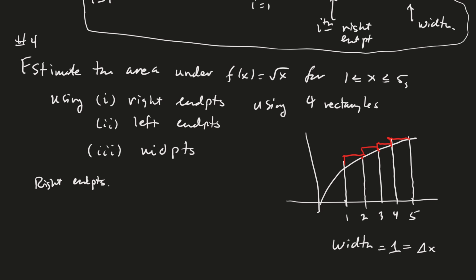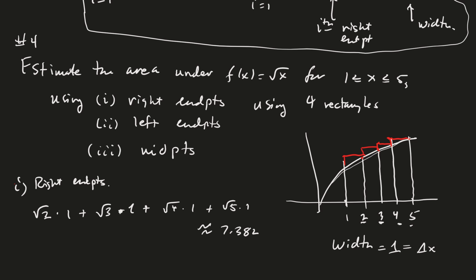And so there's my 4 rectangles, and the area will be the square root of 2 times 1 plus the square root of 3 times 1 plus the square root of 4 times 1 plus the square root of 5 times 1. So I apply my function to each of my right endpoints. If we plug that into our calculator, we get approximately 7.382, and that is an overestimate because our graph is increasing. We can see that just from looking at the picture too.